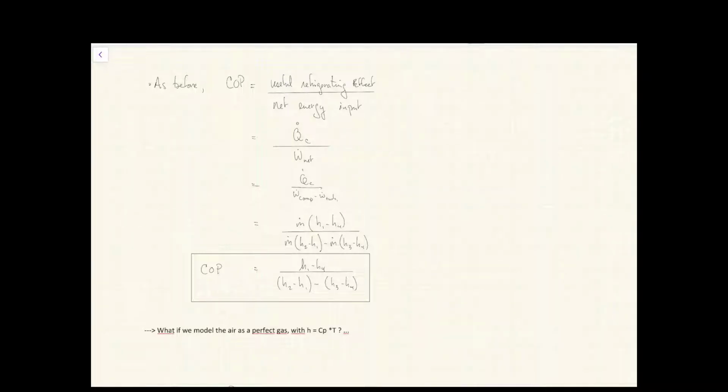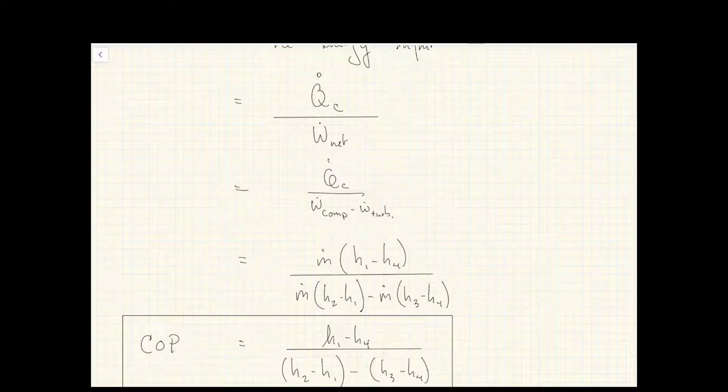So that means that it's the total work required to run the compressor from the very beginning minus the work delivered by the turbine to cool the system. And the numerator is the heat that's being sucked out of the cabin as a result of that, which is going to be the difference between 4 and 1.